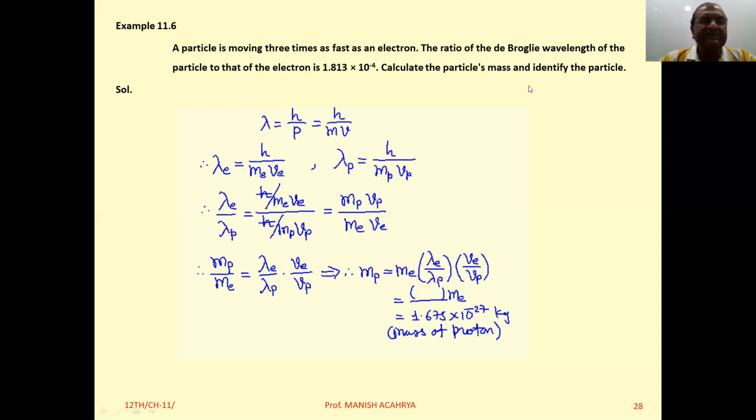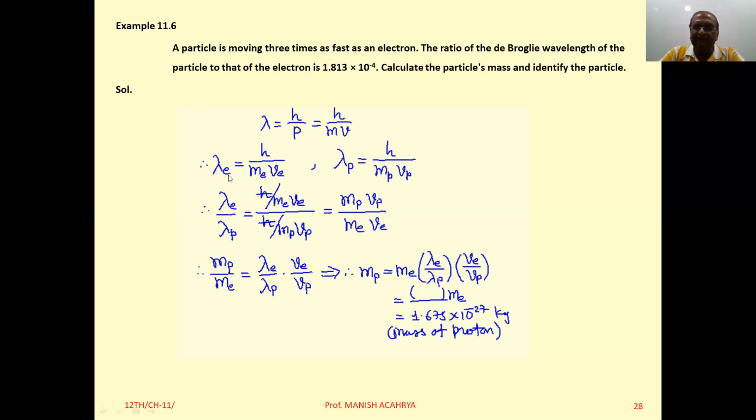Next, example 11.6. A particle is moving 3 times as fast as an electron. The ratio of the de Broglie wavelength of the particle to that of the electron is 1.813 × 10^-4. Calculate the particle's mass and identify the particle. See, we have λ = h by p. The momentum p is mv, so h upon mv.